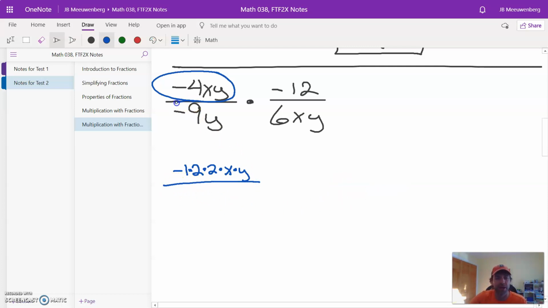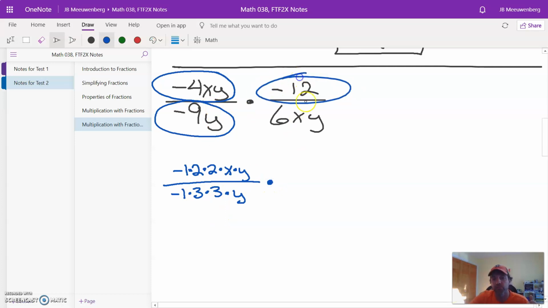Let's look at what happens on the bottom. Negative 9y. I take the negative out as a negative 1. It's like negative 1 times 9. And then 9 is 3 times 3. And so I don't have to worry now about, does this cancel with this? I know that there's a negative 1 and a negative 1 that will eventually cancel. Let's keep going. Let's get that y down. And now we go to the next fraction, times negative 12.